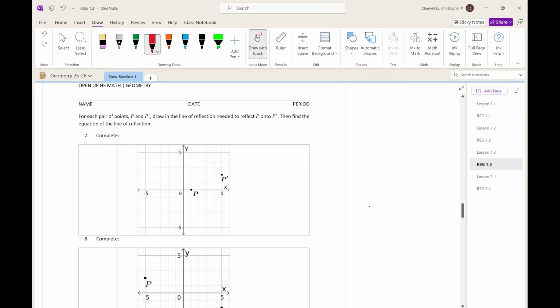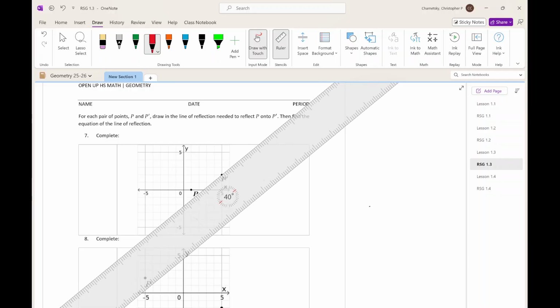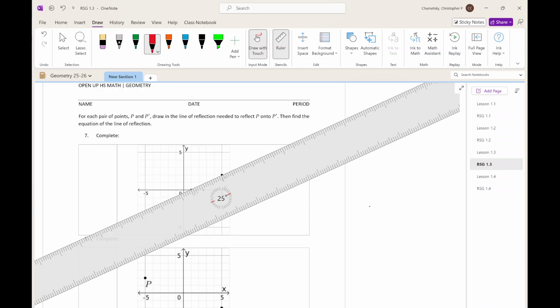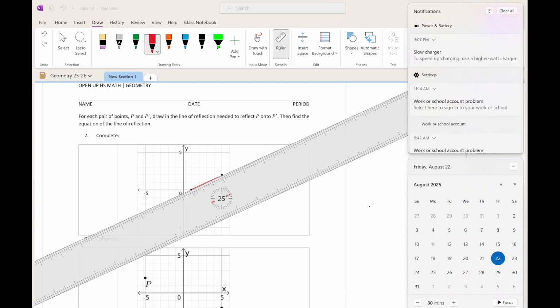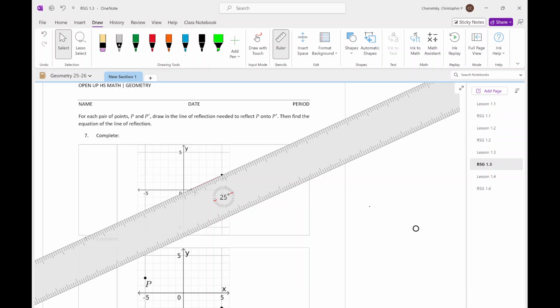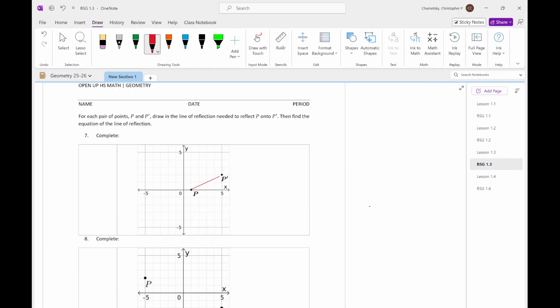On our P to P prime, you can see here our slope is going up 2 over 4, and the halfway point between P and P prime is right there.